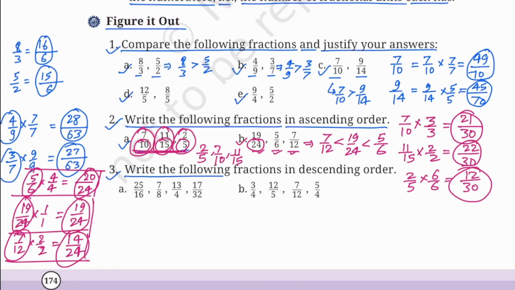3. Write the following fractions in descending order. A. 15 upon 16, 7 upon 8, 13 upon 4, 17 upon 32.